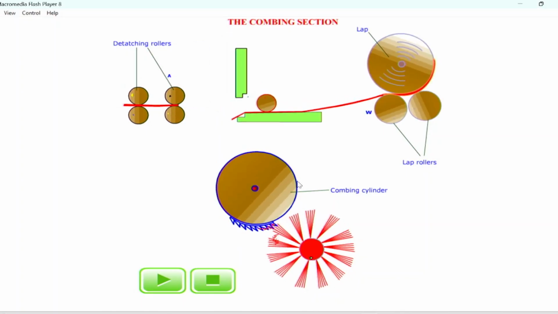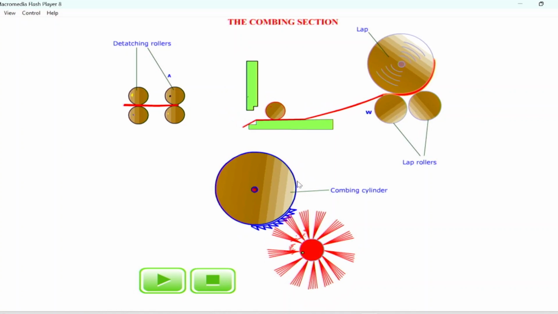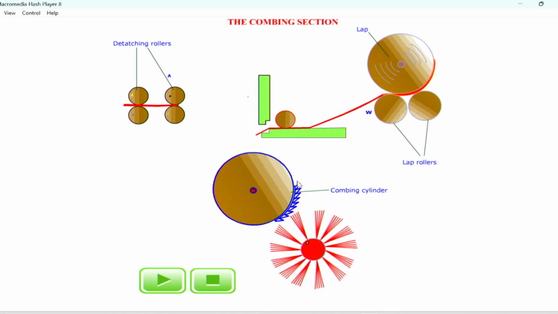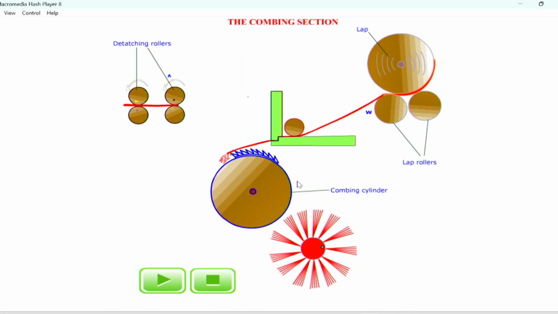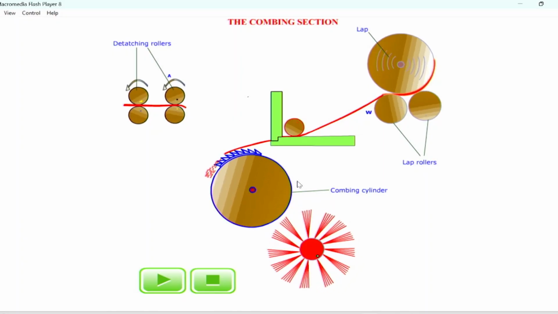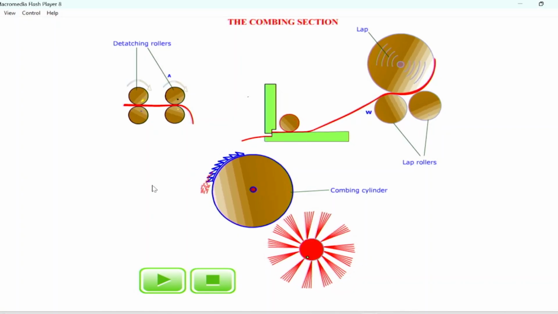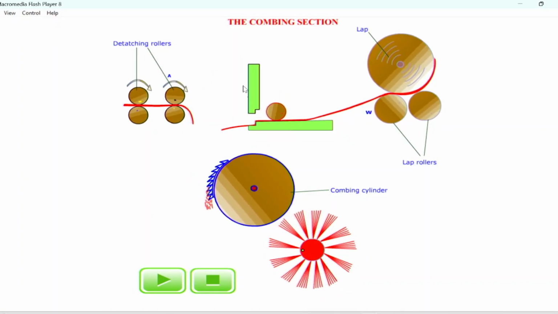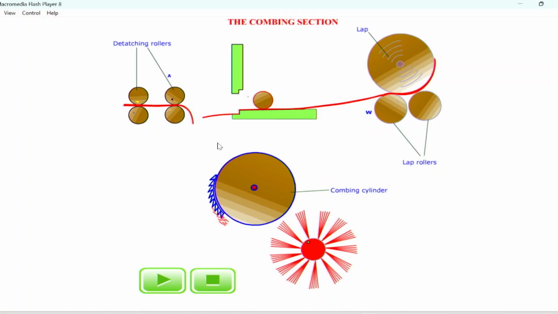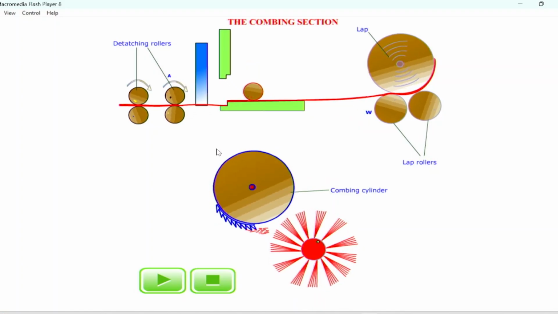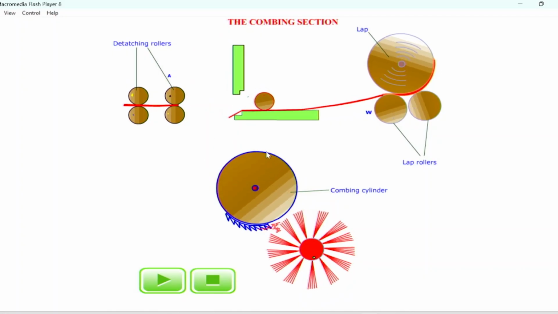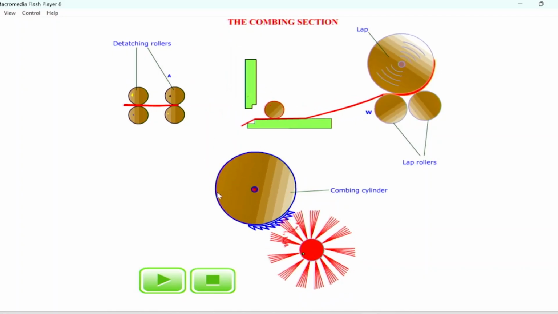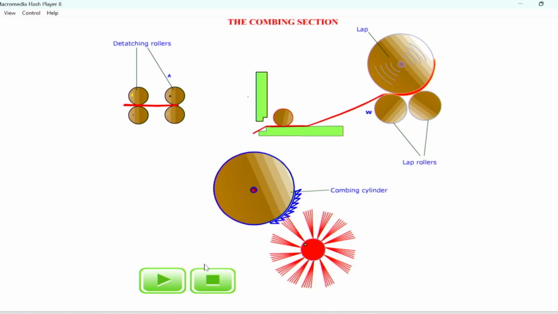After overlapping, the detaching roller starts moving in the forward direction again, and at that time the trailing portion is combed by the top comb, which is shown in blue color. The blue colored top comb has now come into the picture. This process continues.